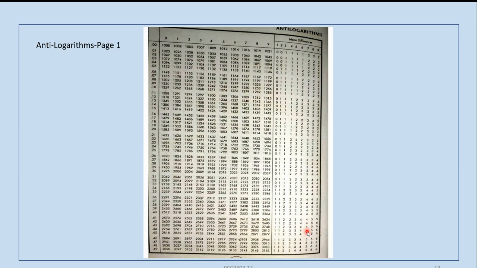When we go back to logarithms, we took 3 for 4 digits. Now 7 means 8 digits we have to take.